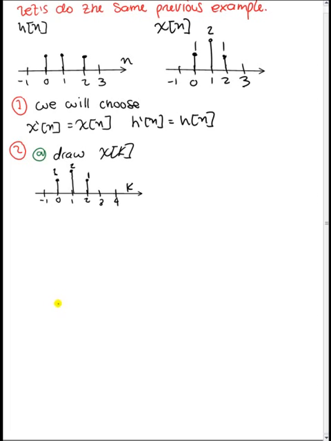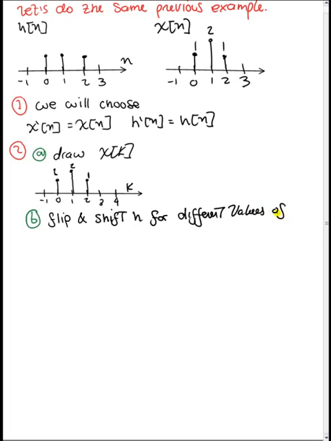Now for step 2b, you're going to flip and shift h for these different values of n. So for n equal to 0, you're gonna have h of 0 minus k, which is going to be simple.